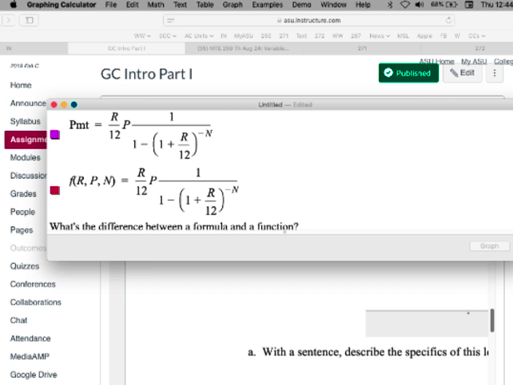I don't want to just write payment. I want to write something that shows me those values. What would I have to write to show me those values? That R was 0.0625, P was 175,000, and N was 180. What would I need to write to represent that with those values? In the formula case.